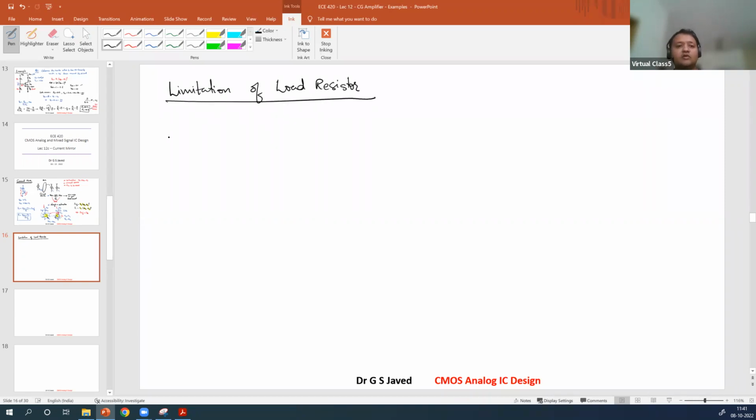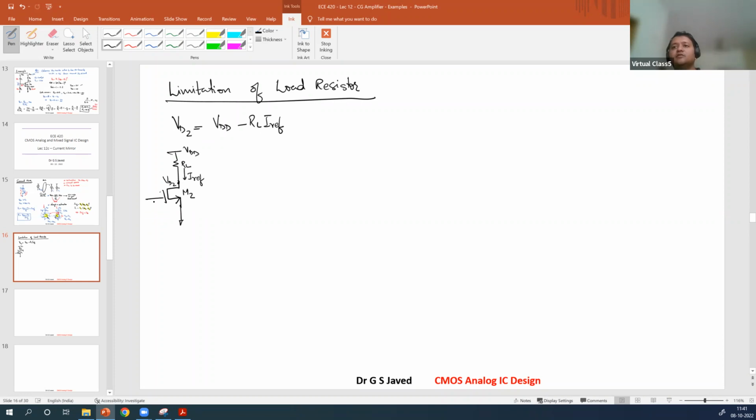First of all, to find out the load resistance value, you need to know what VD2 is. VD2 is given as VDD minus RL times IRF. Correct? Here is M2, this is IRF, RD or RL, and VDD.